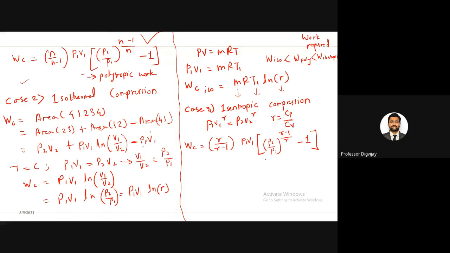So this will be the formula for the isentropic compression. Another formula is there for the isentropic compression.